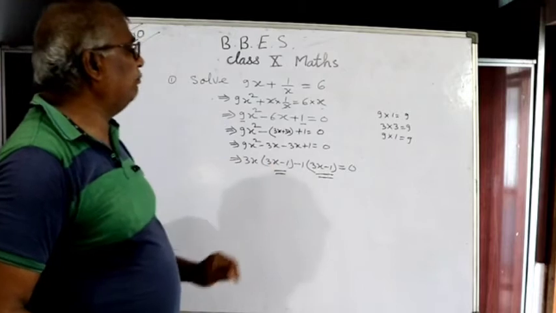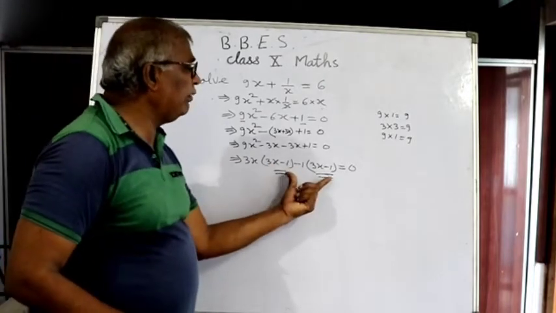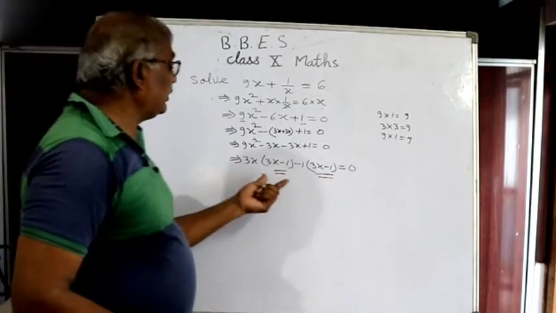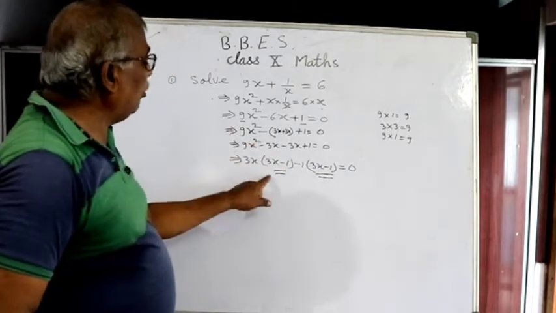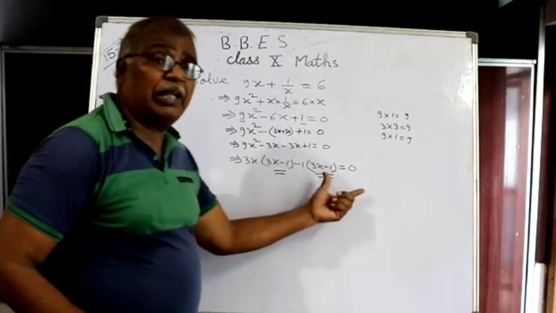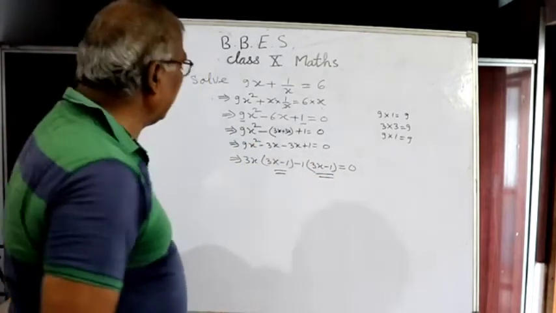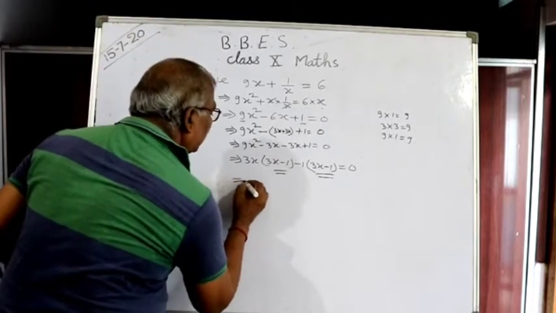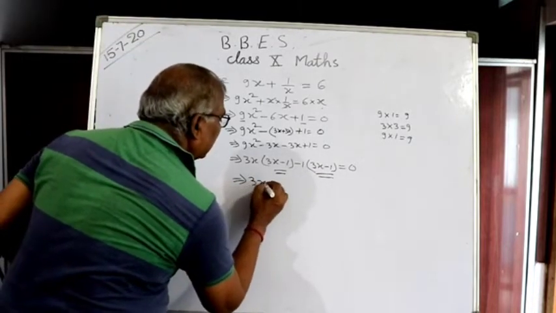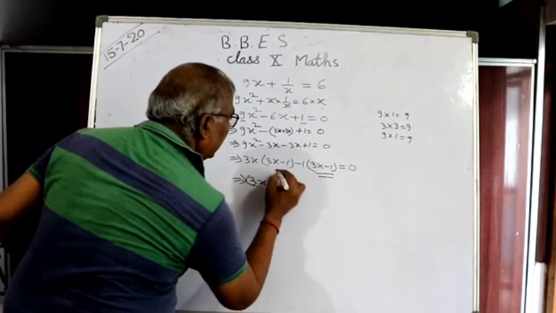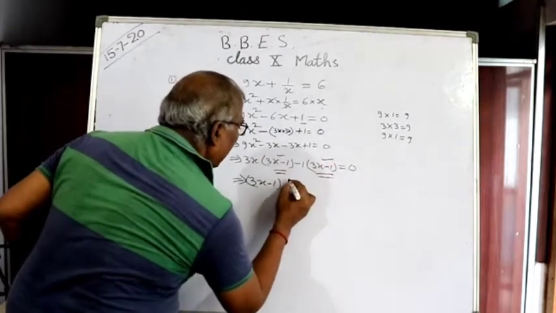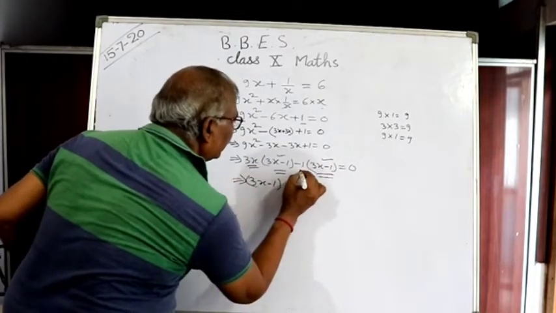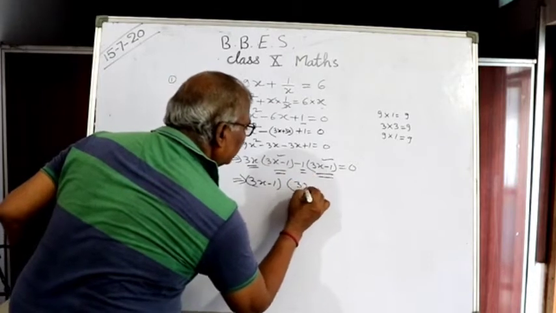This should be the same. If these are the same, then I will understand it is sure that my factorization is absolutely correct. Otherwise not. 3x minus 1 is the common factor, and another factor is 3x minus 1.